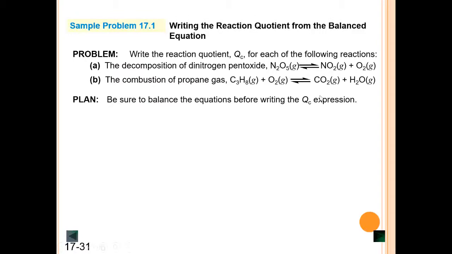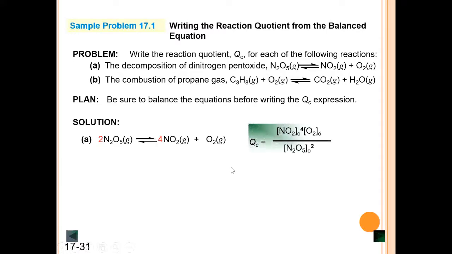Before we write the Qc expression, we have to make sure that our equation is balanced. This is not a balanced equation, so the first step is to balance it. So this is the balanced equation. The Qc expression is equal to NO2 concentration to the power of 4, O2 concentration to the power of 1, over N2O5 concentration to the power of 2.